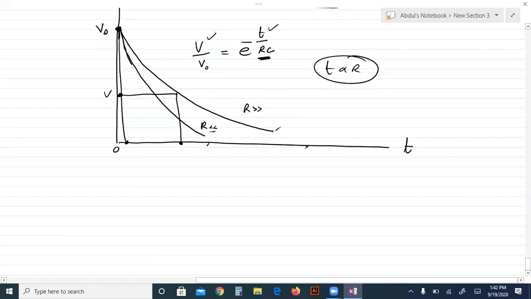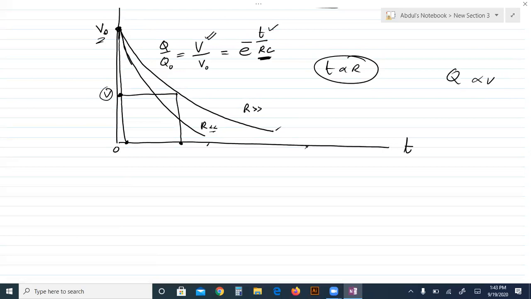Initial voltage is V naught. For the whole voltage discharge the time scale is RC, but up to this voltage, this is the time. And similarly, Q is directly proportional to V, because the capacitance is constant, so this ratio is also Q divided by Q naught.